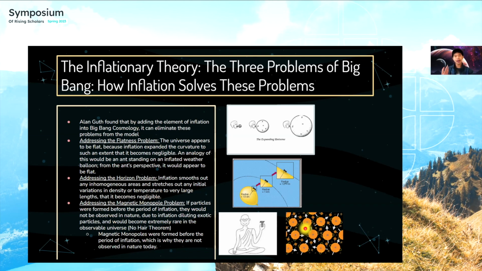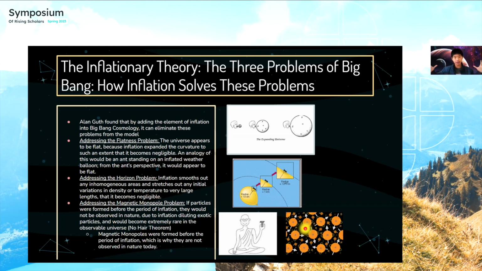And finally, addressing the magnetic monopole problem. The no-hair theorem states that if particles were formed before the period of inflation, then they cannot be observed in nature because they have been dilated so much by the inflationary event. Imagine if I had a bag of marbles and I had the marbles spread out inside the balloon.